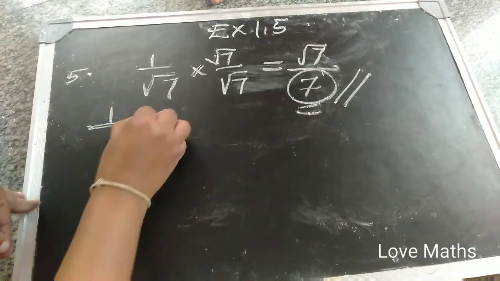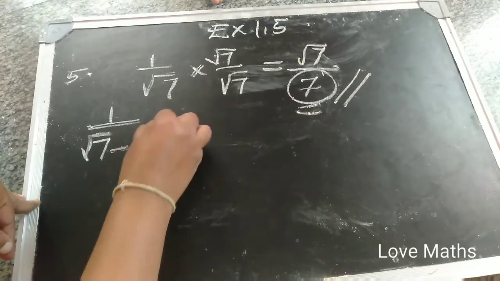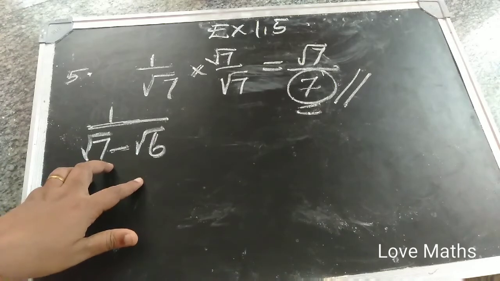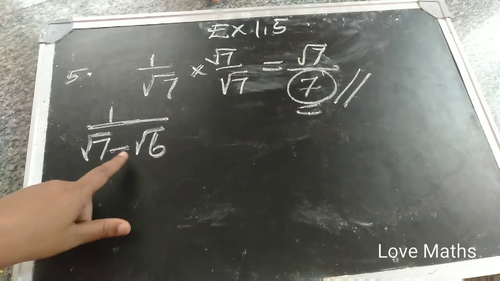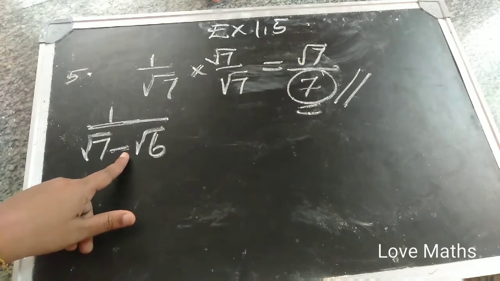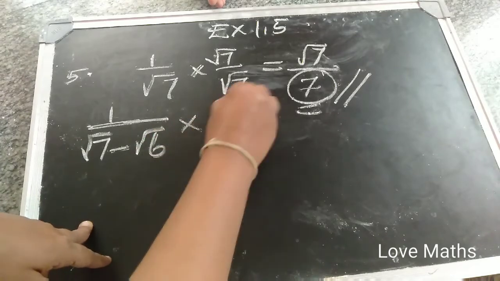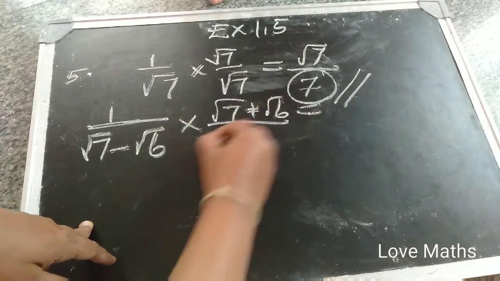Next again a sum: 1 by root 7 minus root 6. When two numbers are there, what shall I do? You have to multiply by the conjugate pair. What is meant by conjugate? In the center you should change the sign. Root 7 minus root 6, the conjugate pair is root 7 plus root 6.